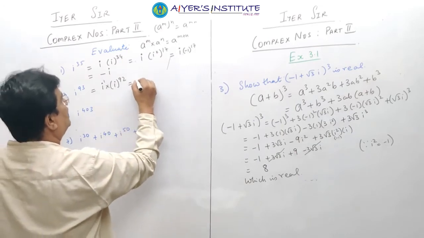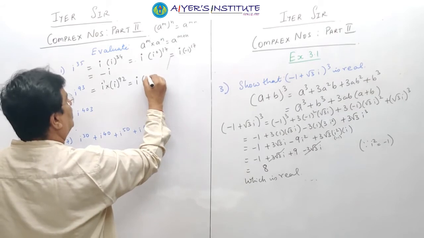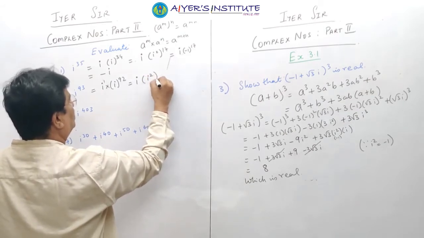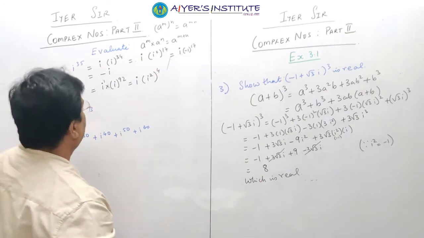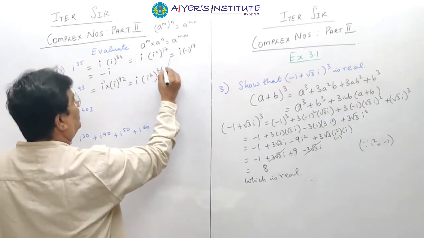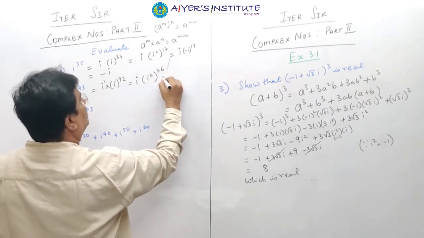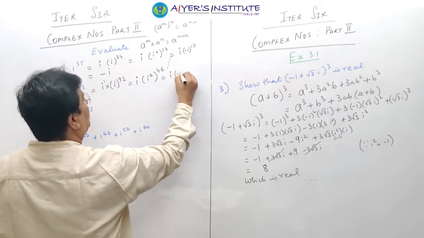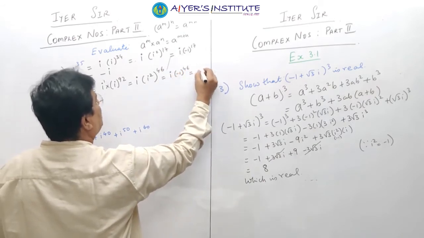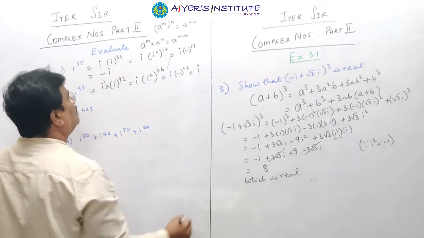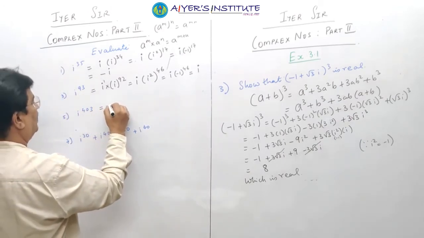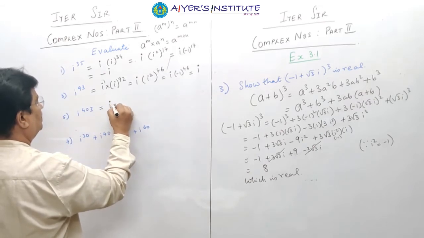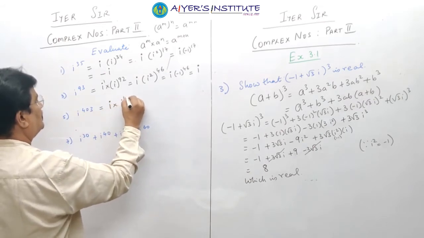And inside it, i square, 2 4s are 8, 2 6s are 12. Now this is an even number. Minus 1 to the power 46, so it will be plus 1, so the answer will be 1. Now we come to the next one, 403. As usual, i raised to 402.